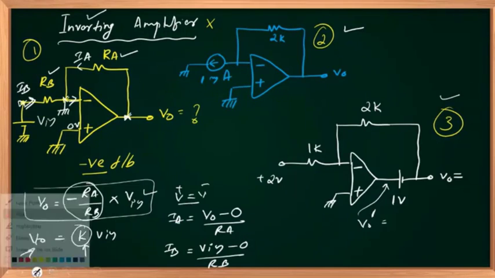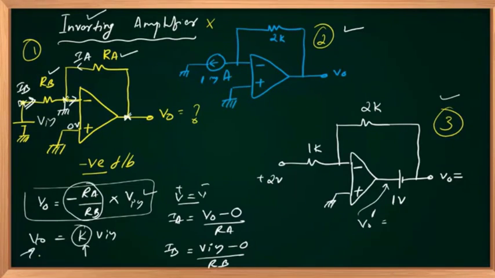And if I am applying Kirchhoff's current law, what is the current law? Sum of the currents entering that node equal to 0. 0 current flows into the op-amp. So I have to sum IA plus IB equal to 0. That implies V out by RA, that is my IA, plus IB, which is V in by RB, equal to 0.